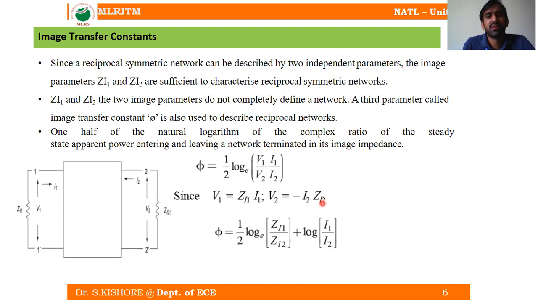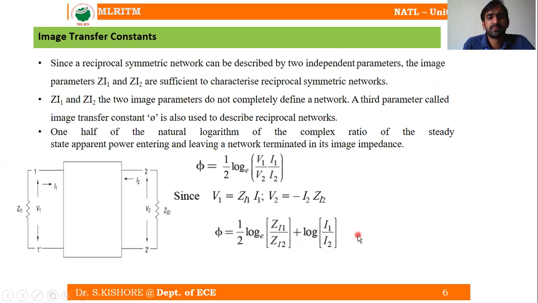Then if we substitute Zi1 and Zi2 over here and take the magnitude, the constant phi is equal to the logarithm of the product, which is separated in this manner: log of Zi1 divided by Zi2 plus log of I1 by I2.